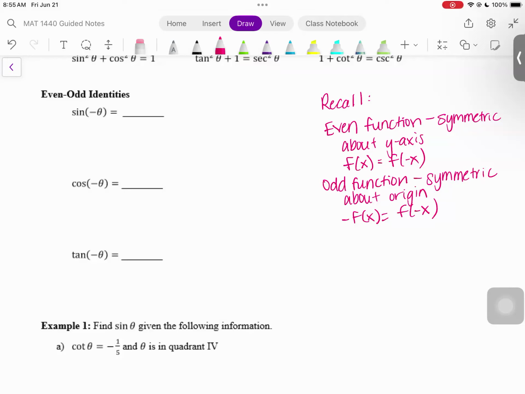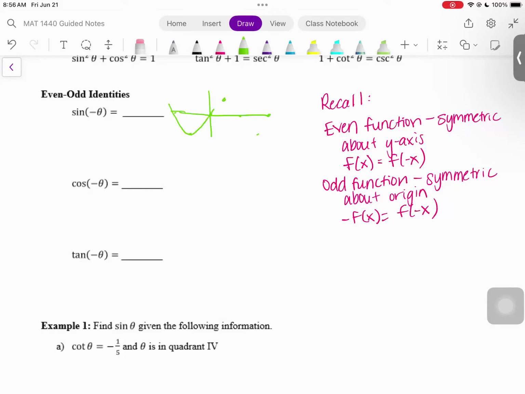So let's think about our three main trig functions, sine, cosine, and tangent. When we think about sine of x, and I'm going to quickly sketch this graph, starting at the origin at that midline, then going up to the maximum, back to the midline, down to the minimum, back to the midline. And this pattern continues. So if we were to go towards the left from the origin, from that midline, we would go down to the minimum and then back to the midline.